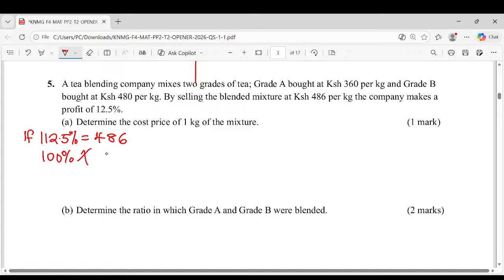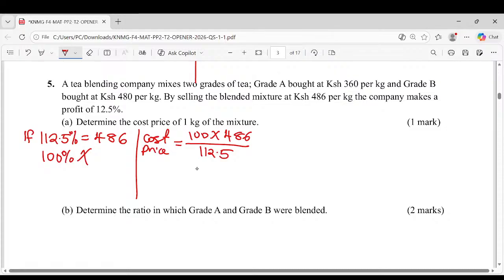You cross multiply. So to get the cost price, ladies and gentlemen, we take 100 times 486 divided by 112.5.